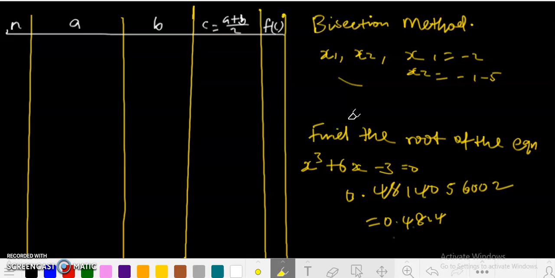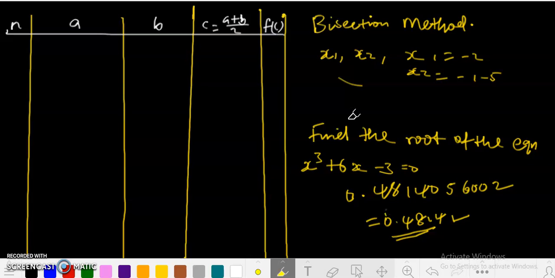So this will be the root of the given equation. You can write this root somewhere. So the final answer you will get after your evaluation will be 0.4814, which is the root of the given equation. And that is only if you were not given a or b, or x1 and x2, to use and evaluate this. You can start by that.